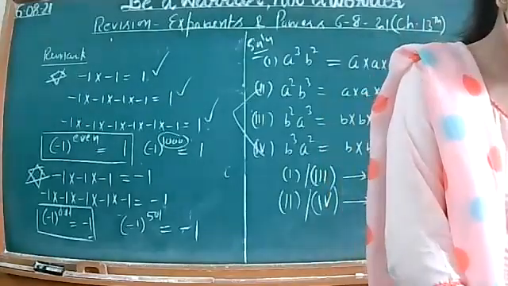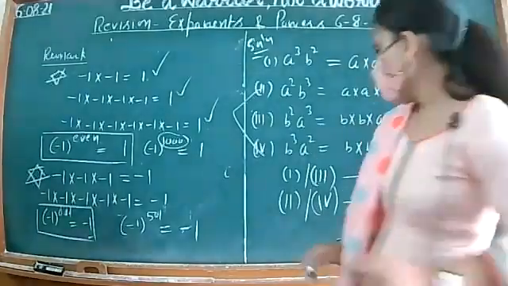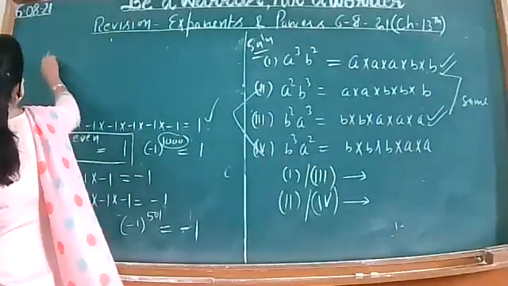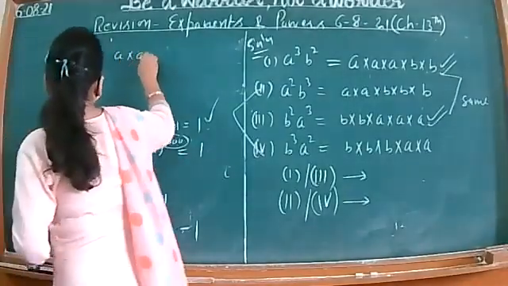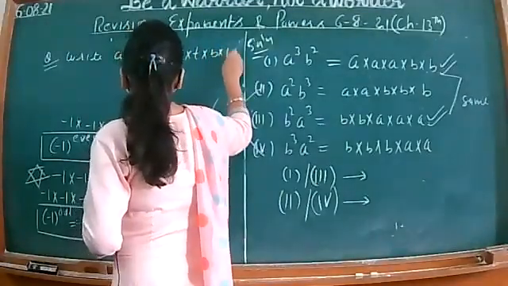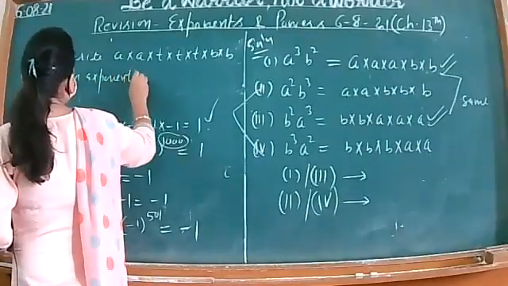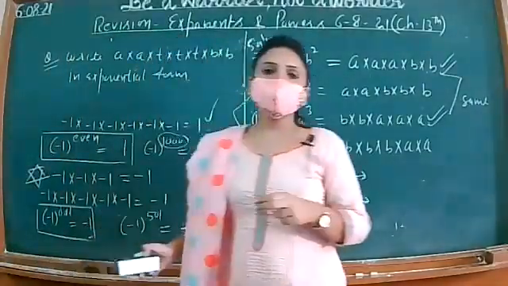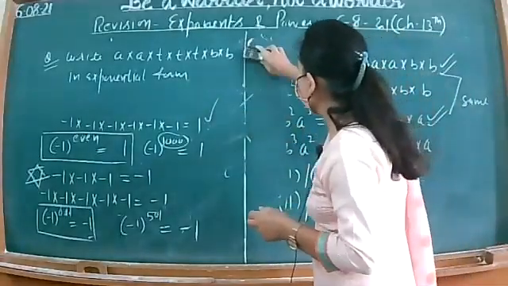Let's go to the next question. A into A, T into T into T, B into B in exponential form.